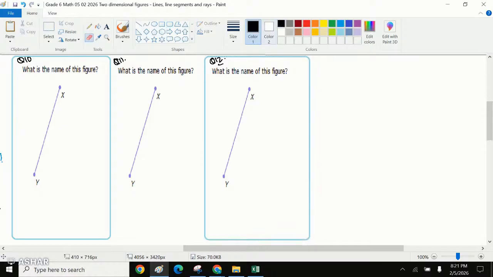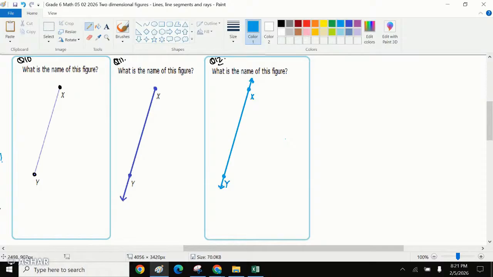If over here there are 2 points, in this case the line is extended, even though there were 2 points, and in the third case the line is extended even when there were 2 points on the line. But when it's extended, we say it has an arrow on either side. So what is question number 10?